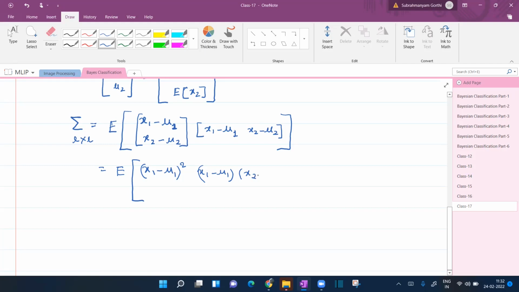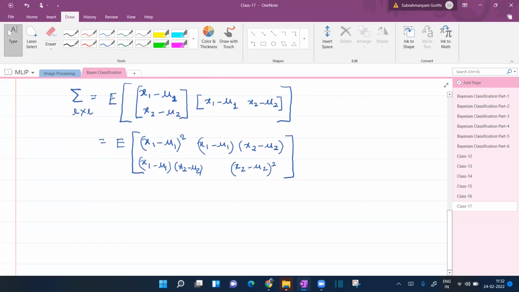Good. Second row, first column: x2 minus mu2 into x1 minus mu1. Same one, right? Yes. What is the last one here? x2 minus mu2 whole square. Right. So all we did is just a matrix multiplication.